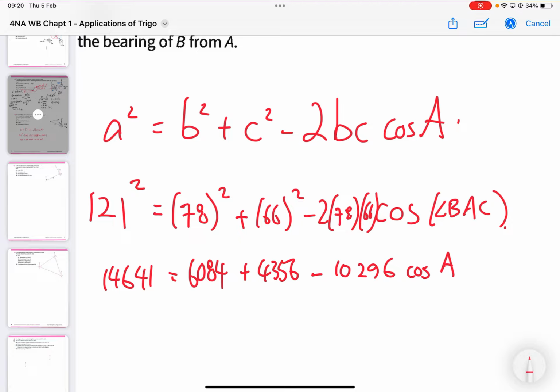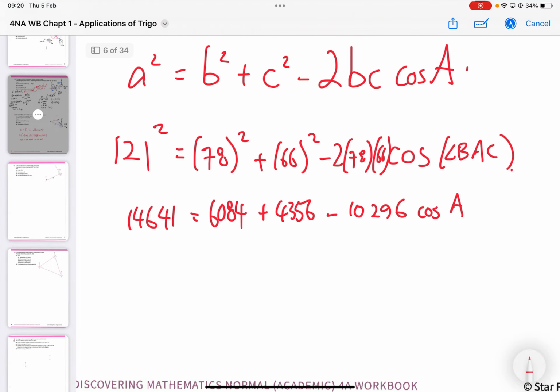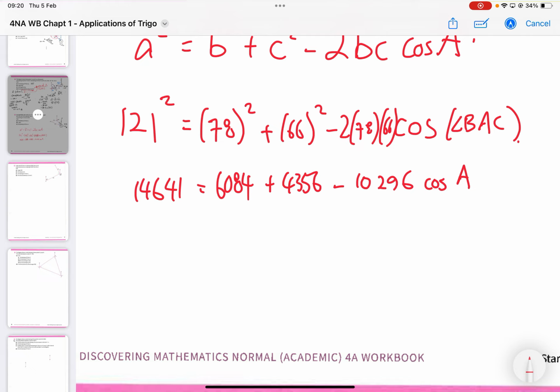Then it comes to simplifying your equation. How will I simplify? What I want to solve is A. I want to find what this angle is. So I want this whole term to be positive as much as possible. So I will move this whole term to the left.